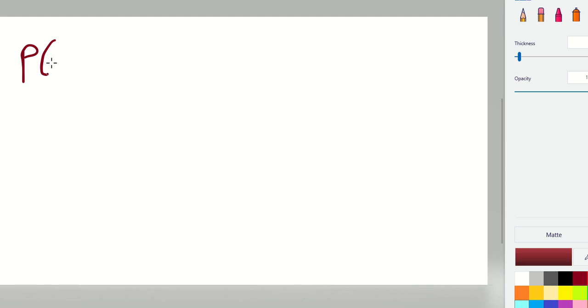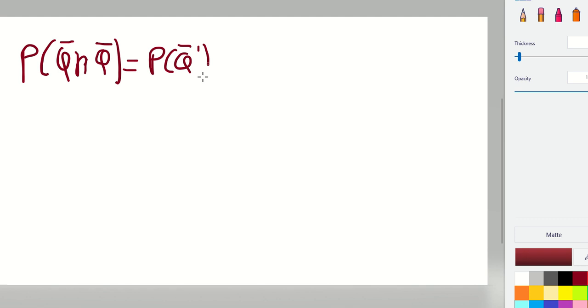So it's the probability of not a queen and not a queen. So we know this is the probability of not a queen on the first, multiplied by the probability of not a queen on the second, provided that the first card was not a queen.